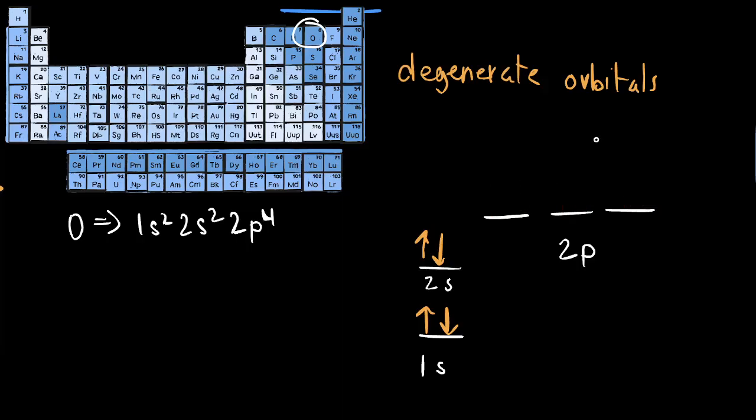In this case, our 2p sublevel only has 4 electrons, so we would go parallel spins, 1, 2, 3, and then 4. And so this is going to be our orbital diagram for oxygen.